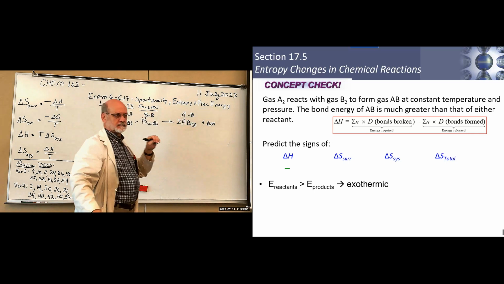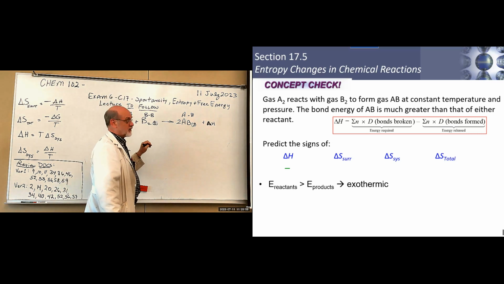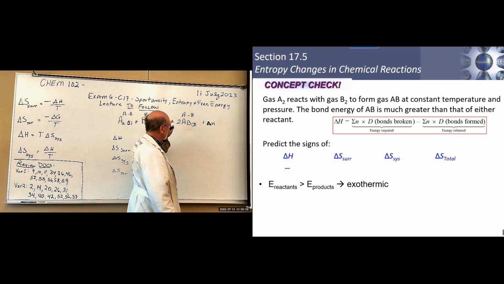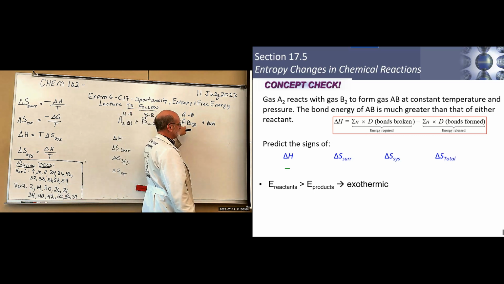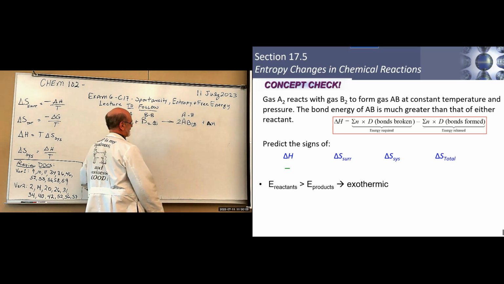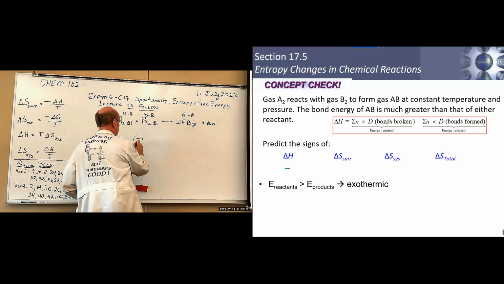Did I confuse anybody? I started to confuse myself. Probably why I put that beware in there. It takes more energy to break this bond. It's more stable than either of these. So this is at a lower energy. That means it's exothermic.